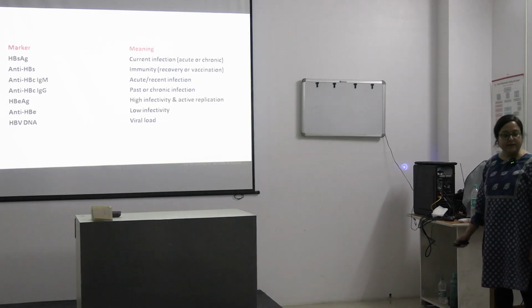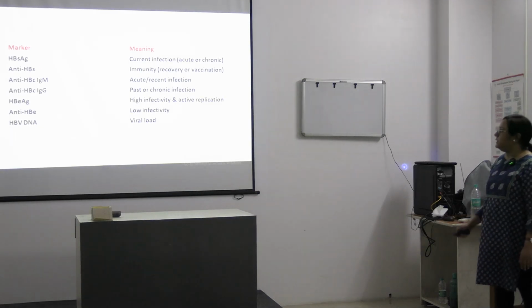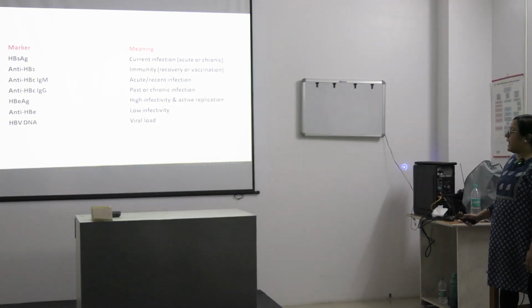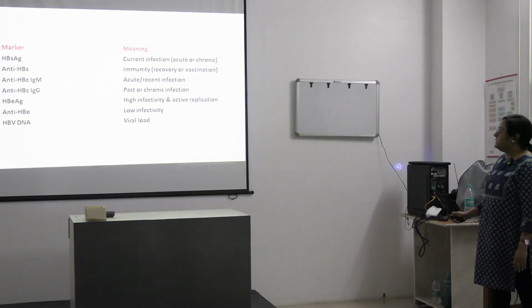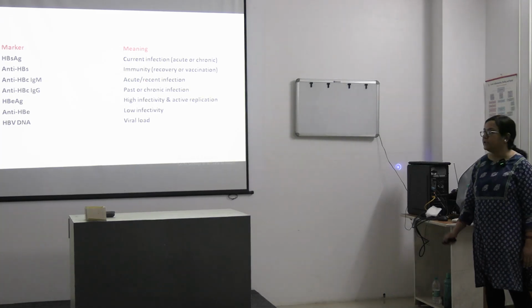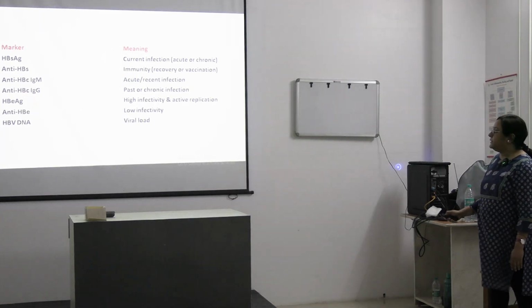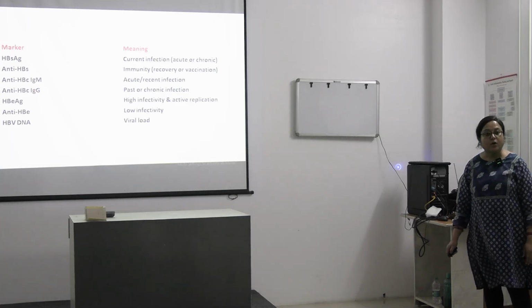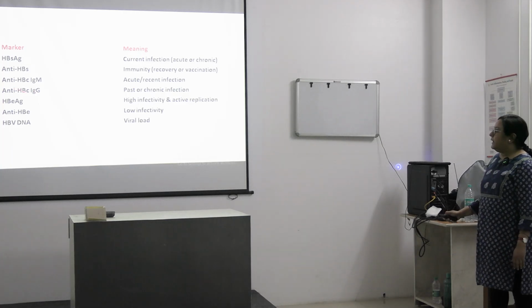Anti-HBs, if it is raised, means there is immunity, either vaccination or recovery. Anti-HB core IgM means there is acute or recent infection. Anti-HBc IgG represents past or chronic infection.